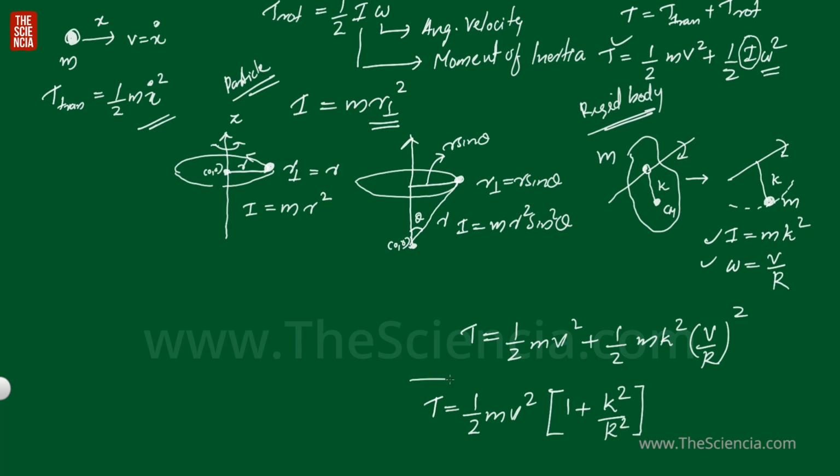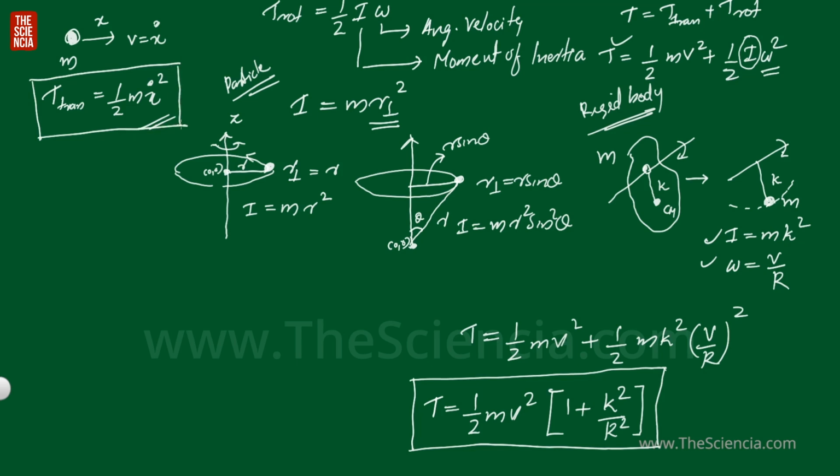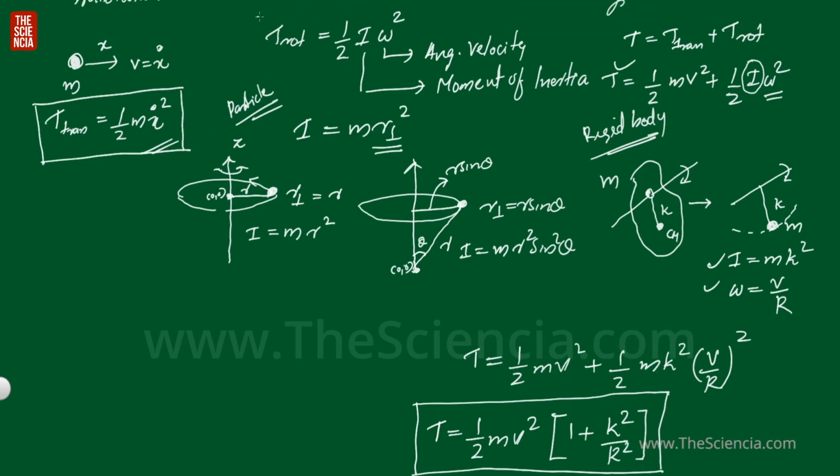This will be the kinetic energy of a body in rotational motion. It's very important. And for translational motion, T equals half m x dot square. And for pure rotation, T rotation will be half I omega square. Please don't forget these values. It's very important.